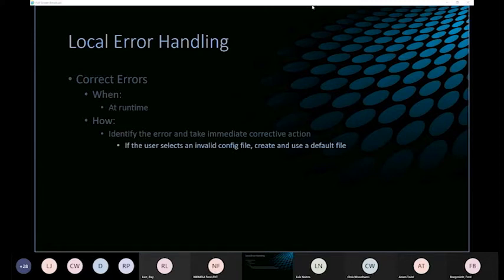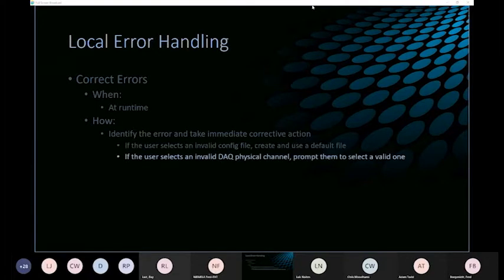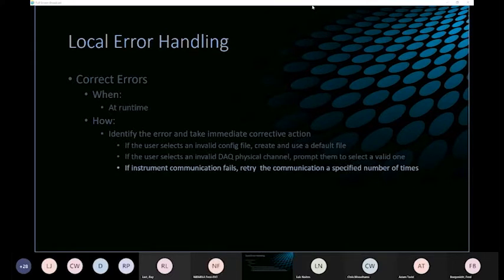For example, if the user selects an invalid configuration file, we could simply create and use a default file that has the most likely system settings already applied in it. Or if the user selects an invalid DAC channel, we could just prompt them to select a valid one. Or if instrument communication fails, we could retry the communication a specified number of times.